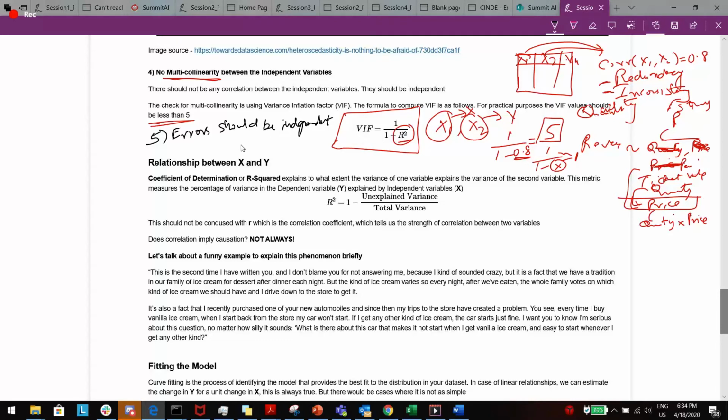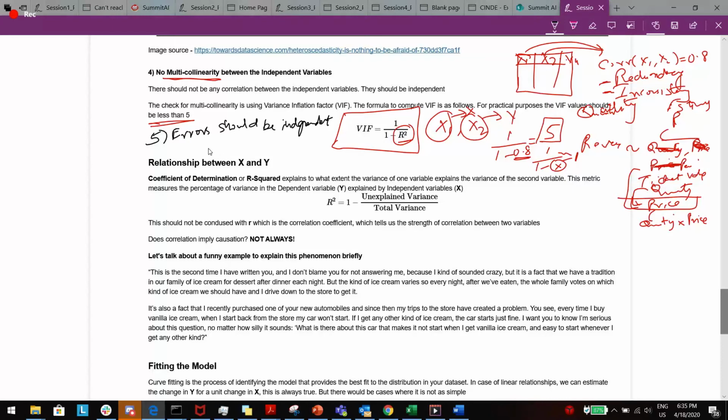Your errors should not be a linear combination of each other, because that would mean there is a basic flaw in our model. That means there is no randomness, the errors are related, and there are some other dimensions of the data which we are missing.